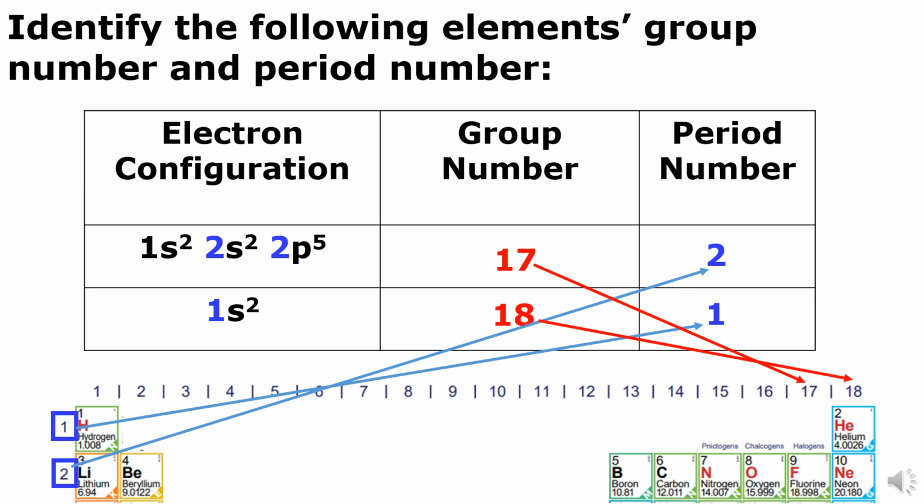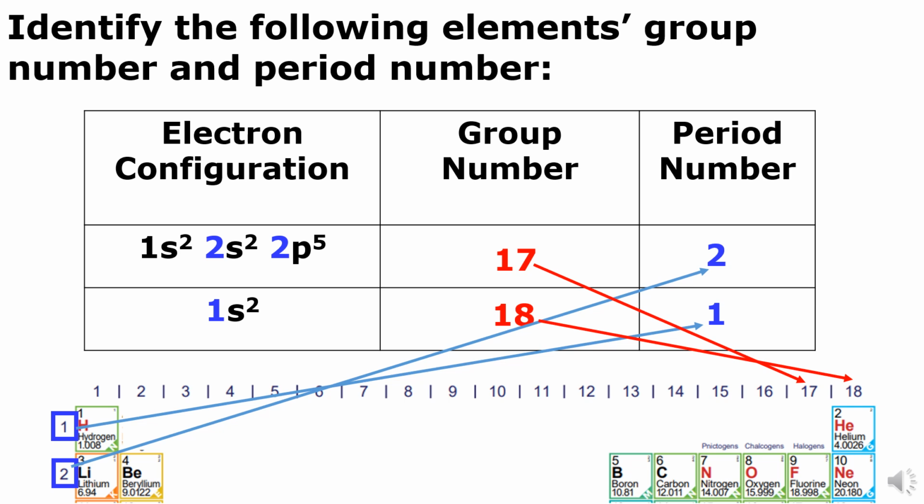When we look at the electron configuration of 1s2, it suggests that it is helium and it has 2 valence electrons. Therefore, its group number should be 2. However, its placement in the periodic table is group 18. This is an exception. It is due to its chemical behavior, not because of its number of valence electrons.